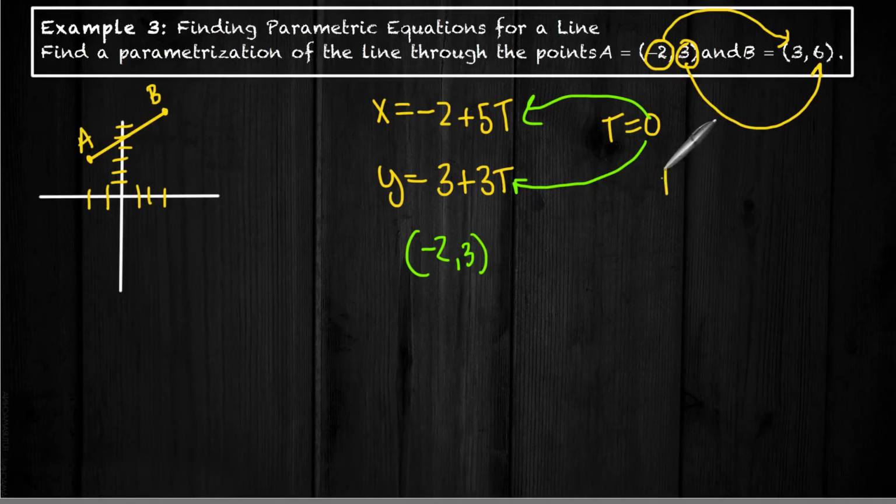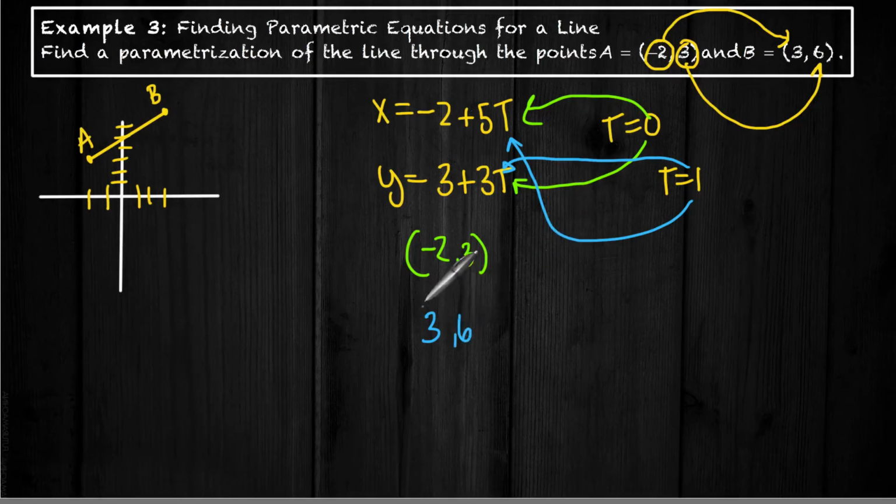Now, when time is 1 second later, let's see what you get. Plug 1 in there for t. You get 5 times 1 is 5 minus 2. That is 3. Take that same 1 for t and plug it into this y equation, and you get 3 plus 3, which is 6. And so we see that the object started here and ended there 1 second later.